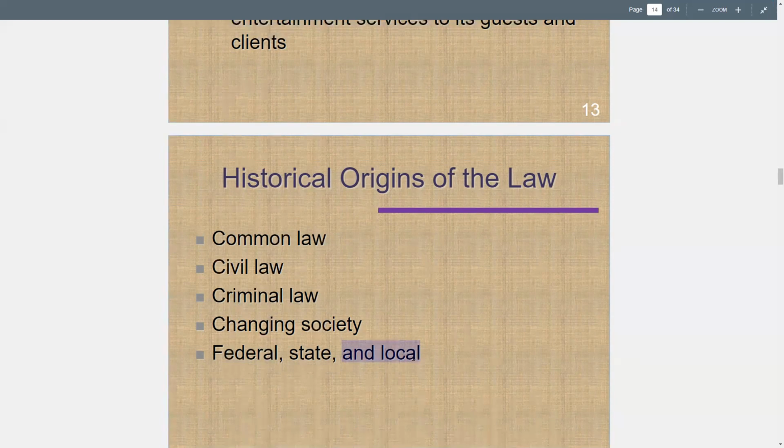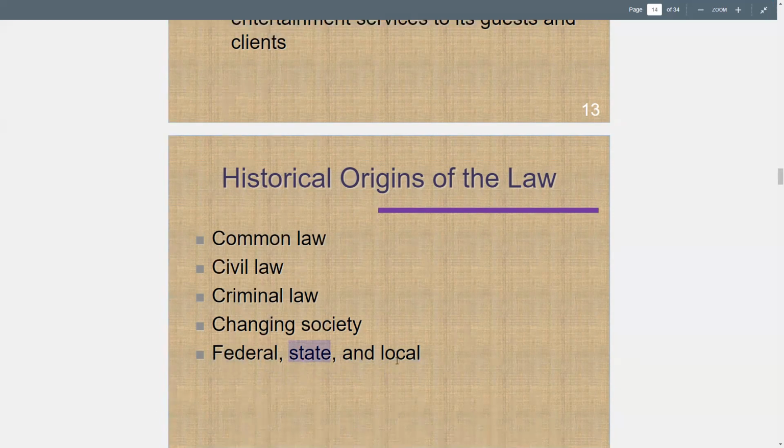Now, it is true that local laws have to fit within the framework that the state has, because the local or the county or the city is a creature of state law. But the state isn't a creature of federal law. So you can have a federal statute and you can have a state statute, and they both are items that you have to comply with, because both of these branches or areas of government have their own sources of authority over individuals in their place.